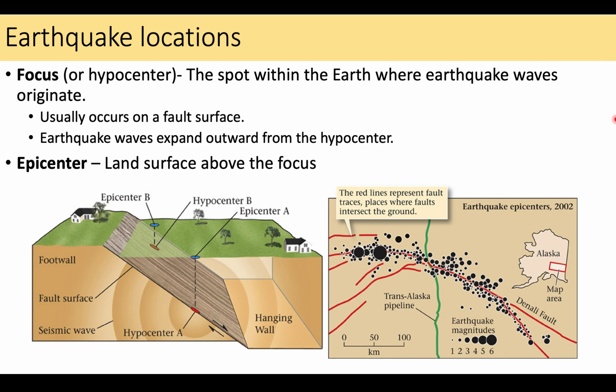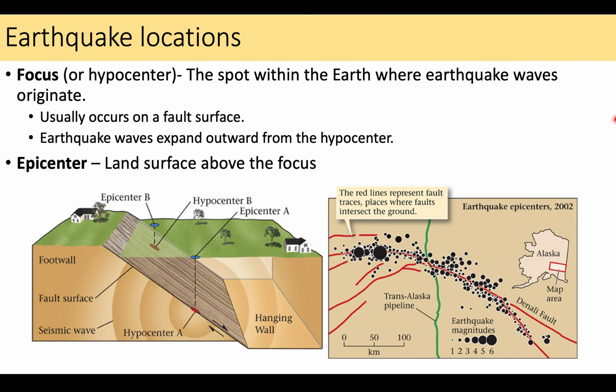So when we think about the location of earthquakes, we have to think about both the focus and the epicenter. The focus is the spot where the earthquake waves originate. The focus can be anywhere on or in Earth. It's where the waves actually start.